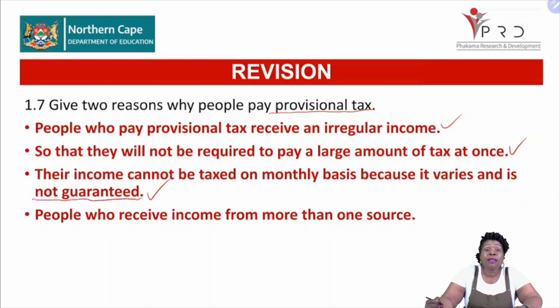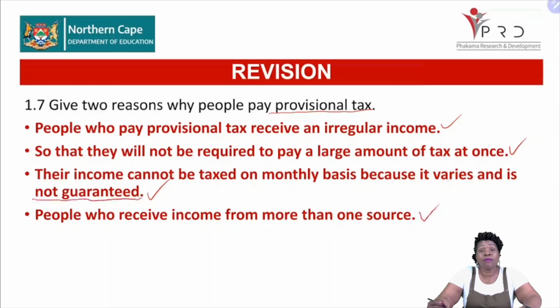And then these are the people who receive income from more than one source. These are also some of the people that pay provisional tax, which means they work somewhere and they also maybe have a business running somewhere.